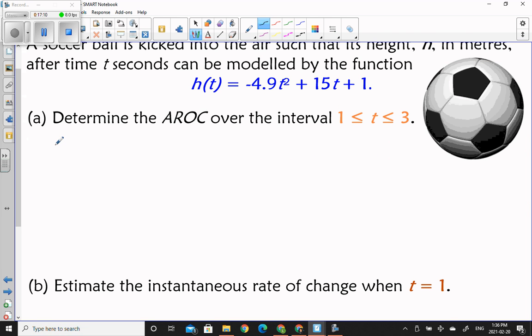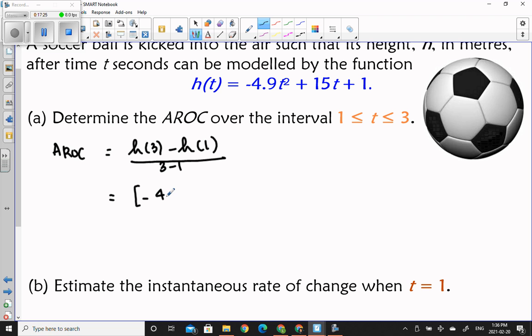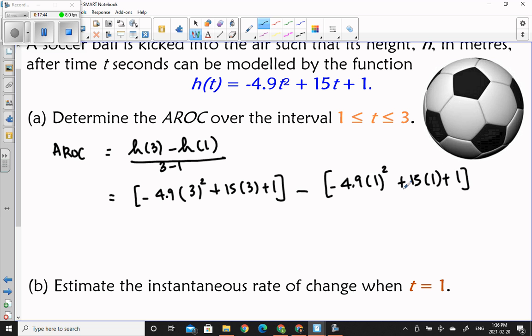So let's do the first one. The AROC between these two intervals is h(3) minus h(1) divided by 3 minus 1. Using this equation for height, it's going to be negative 4.9 times 3 squared plus 15 times 3 plus 1, minus h(1), which is negative 4.9 times 1 squared plus 15 times 1 plus 1, divided by 2.